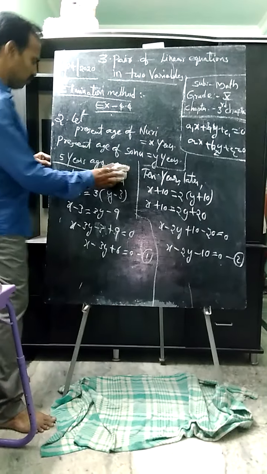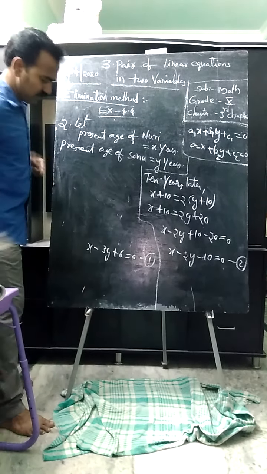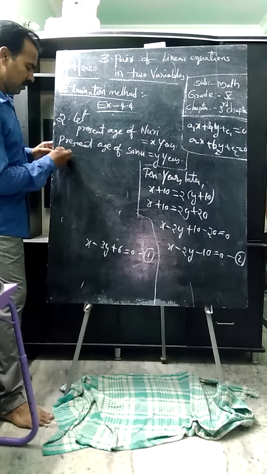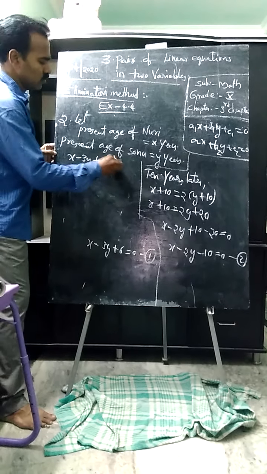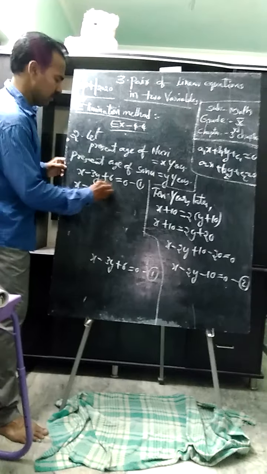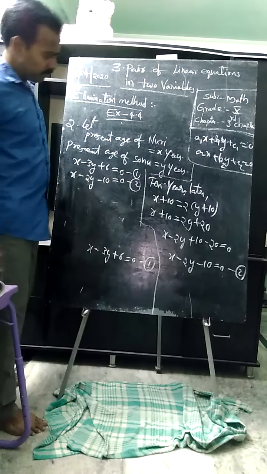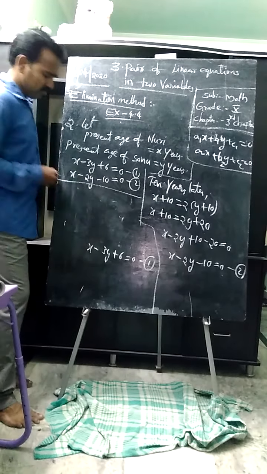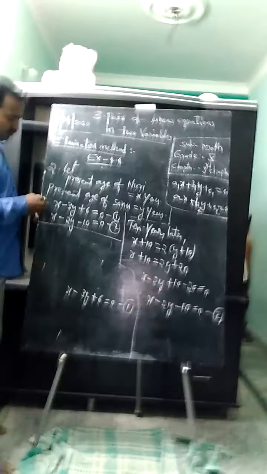So let me write both together, students. What is the first equation we have? x minus 3y plus 6 equals 0. Equation 1. x minus 2y minus 10 equals 0. Equation 2. See, if you observe these two equations, they are easy to solve. The coefficients of x are equal. If you multiply one of them by minus 1, that is enough.